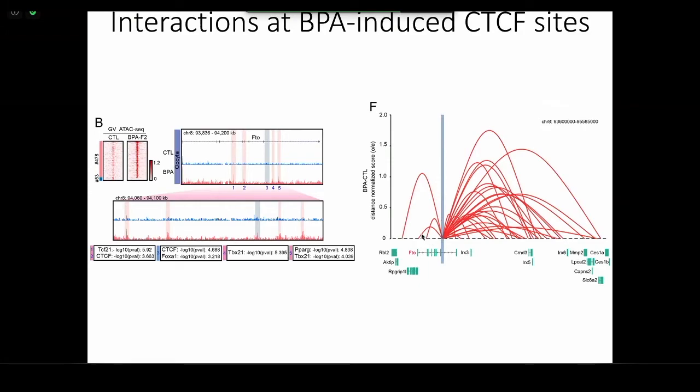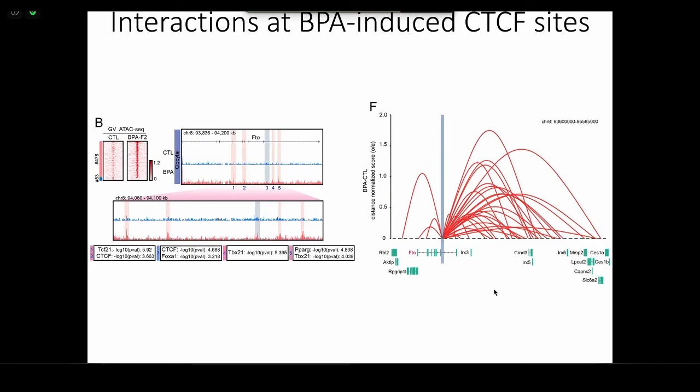And so when we analyze Hi-C data, and we look at BPA and control, these are interactions that are present in BPA but not in control between this CTCF site that we find in the intron of the gene and the promoter of FTO, the promoter of this other gene RPGRIP1L that is involved in obesity, IRX3, which is also involved in obesity, IRX5, and other genes in this cluster here that are also involved in obesity.